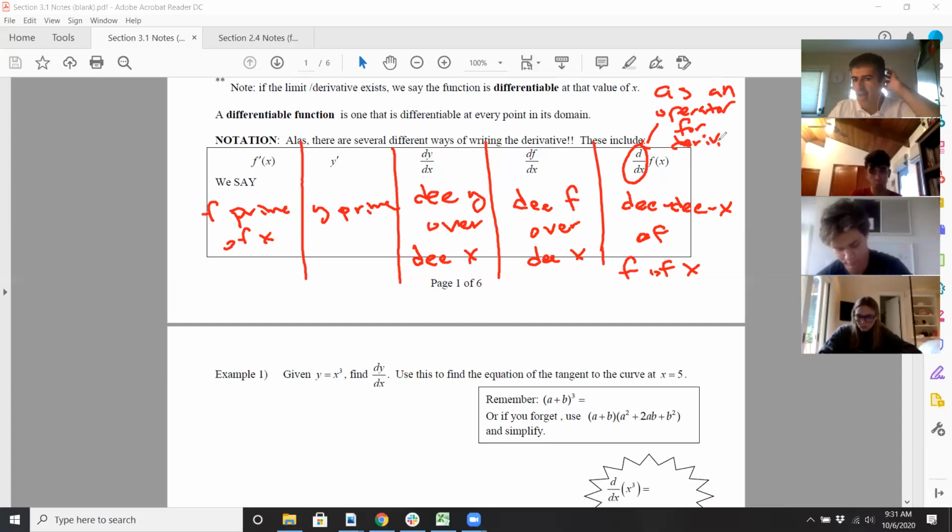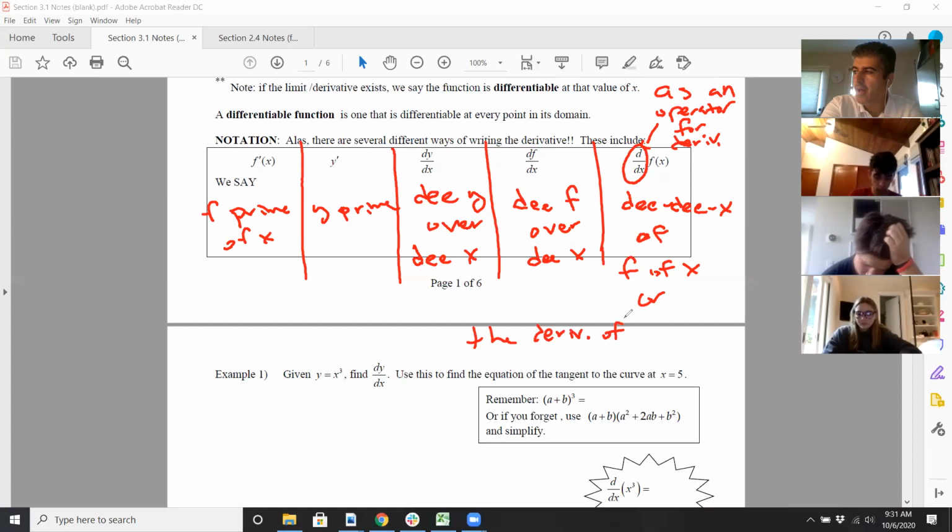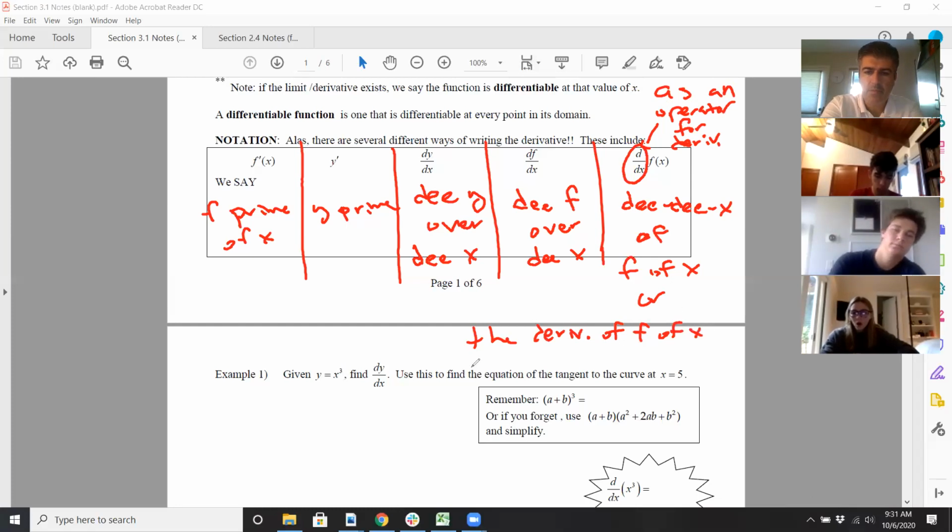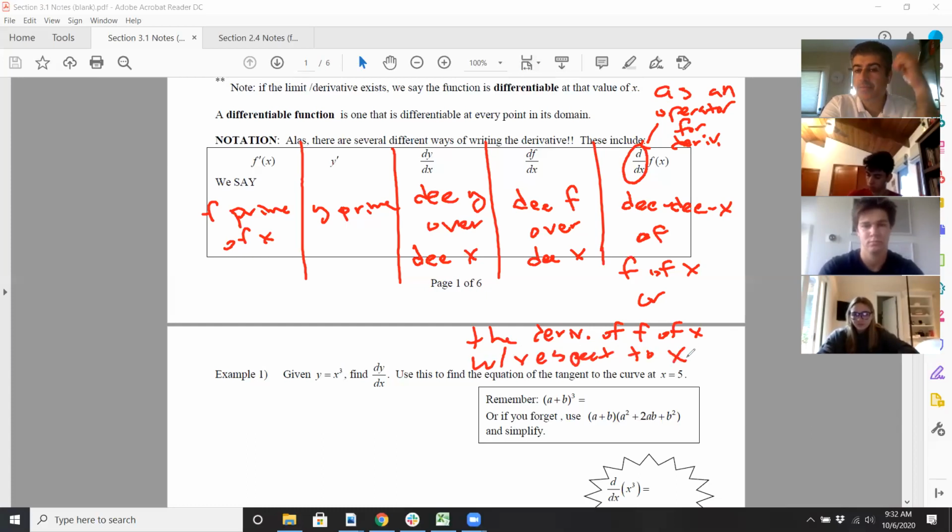So we say d dx of f of x, or you could say the derivative of f of x with respect to x.